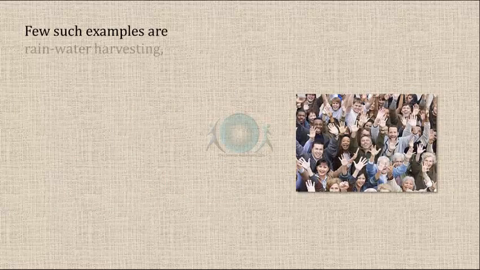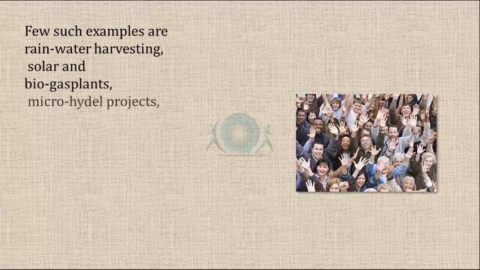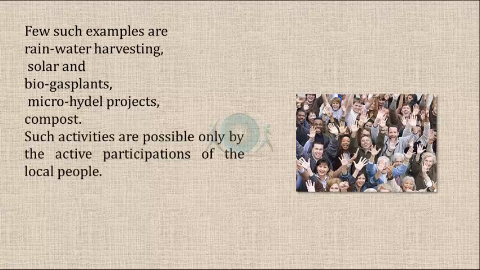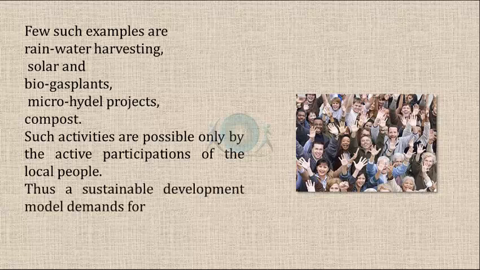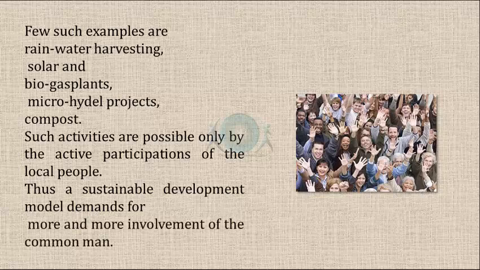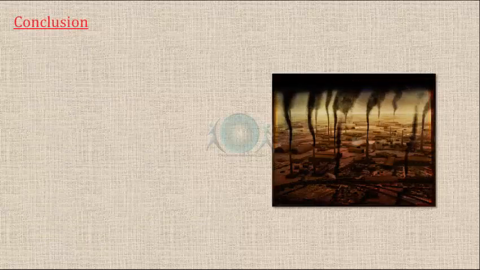A few such examples are rainwater harvesting, solar and biogas plants, microhydro projects, and compost. Such activities are possible only by the active participation of the local people. Thus, a sustainable development model demands more and more involvement of the common man.